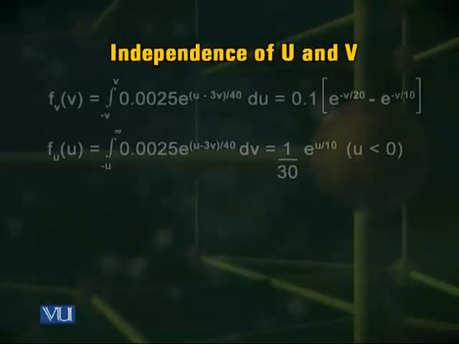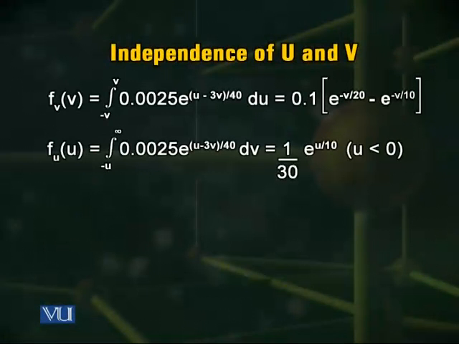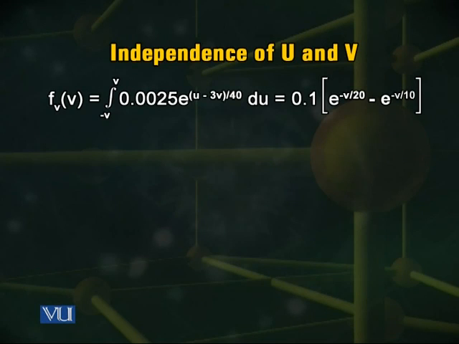You can see on your screen the two marginal densities from this joint density of u and v. The first marginal density of v comes out to be 0.1 multiplied by e raised to power minus v over 20 minus e raised to power of minus v over 10.